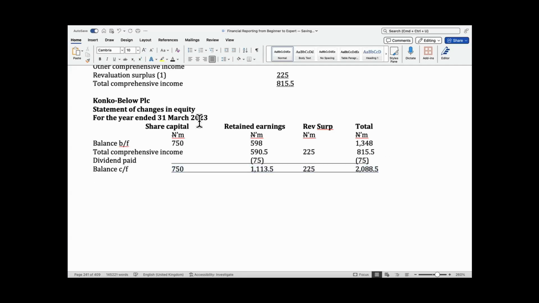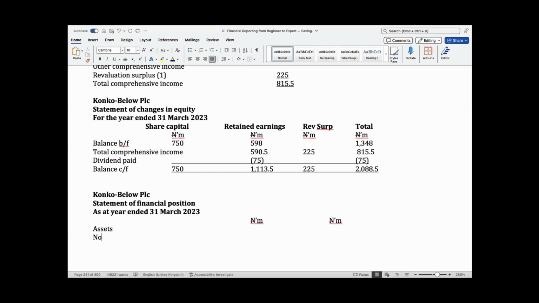Then I move to my statement of financial position. As at year ended 31st March. You have your currency.